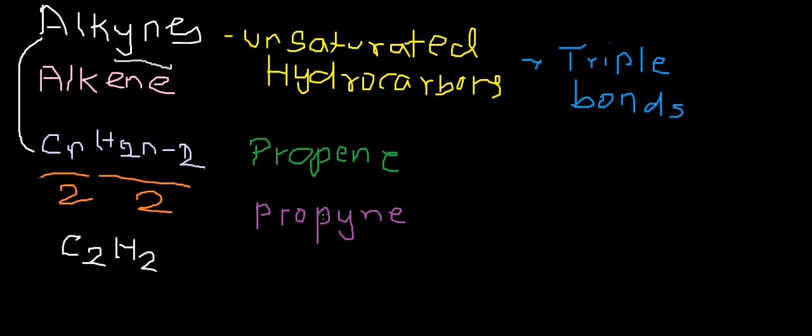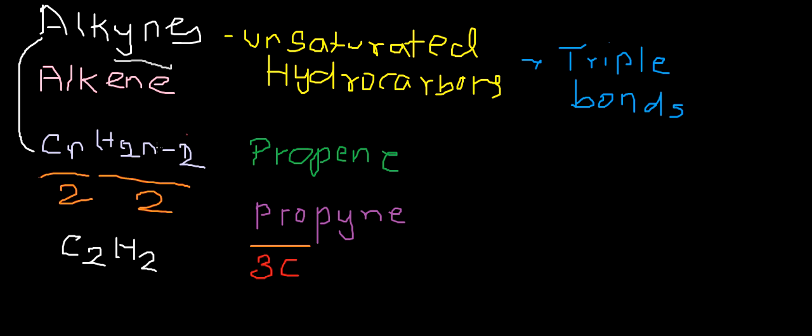The formula for propyne: as it has the prefix prop, there will be 3 carbon atoms. And the suffix is yne, so it's an alkyne.